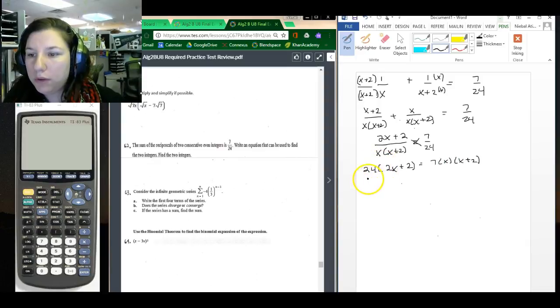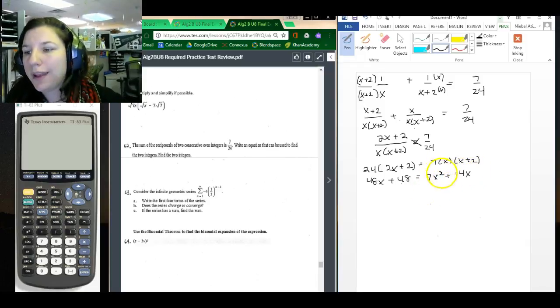Then we're going to distribute, and you'll get 48x plus 48 equals 7x times x is 7x squared, and 7x times 2 is 14x. Now I've got a quadratic, an x squared, so in order to solve that, I need it to be equal to 0.